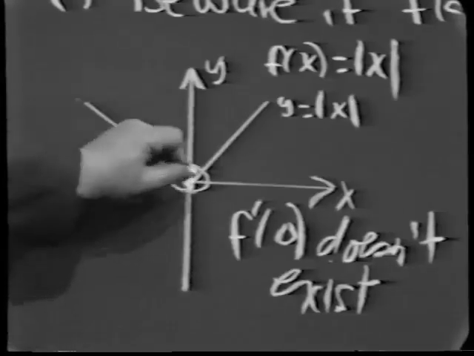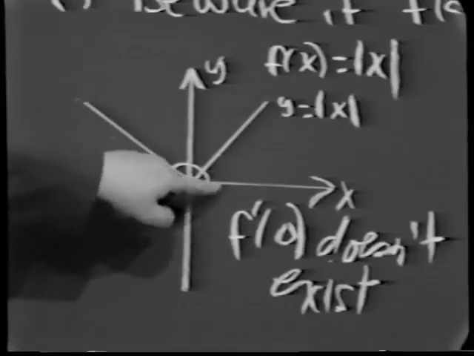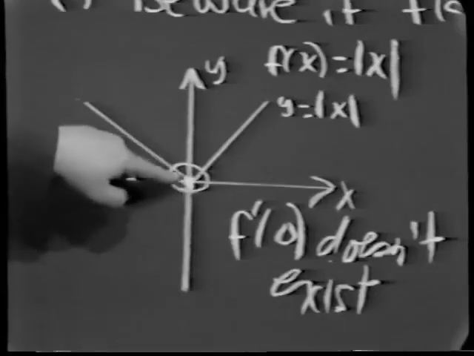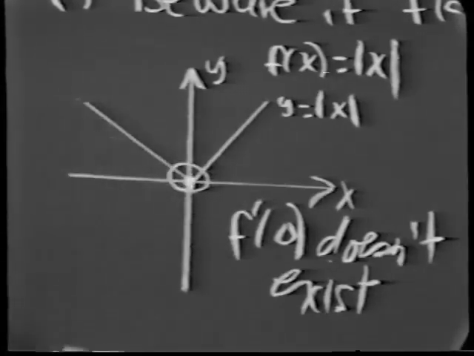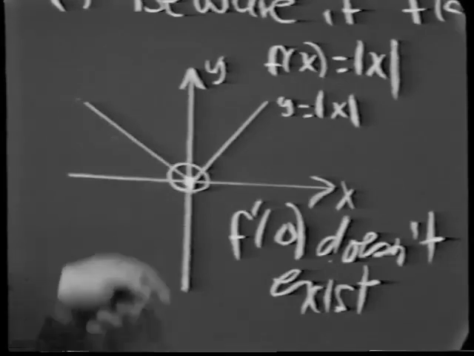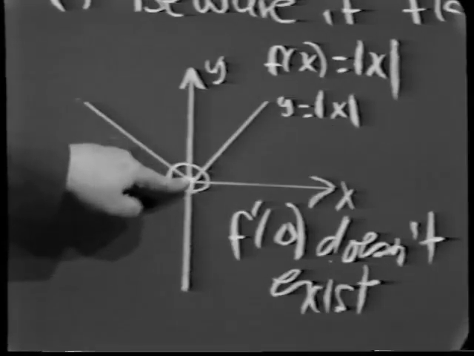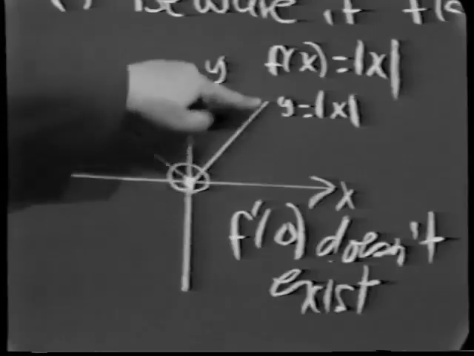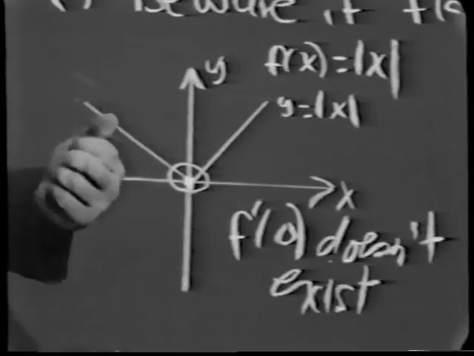In other words, is this the lowest point in the neighborhood of 0? And the answer is yes. In fact, it's an absolute low point, meaning that no matter where you go, no point on our graph can be lower than this particular point here. But that's irrelevant. The point is what? If we looked for a place where f prime of c was 0 in this example, we wouldn't find one. That would not mean that there wasn't a low point. What happened was what? The low point snuck in at a place where the derivative did not exist.